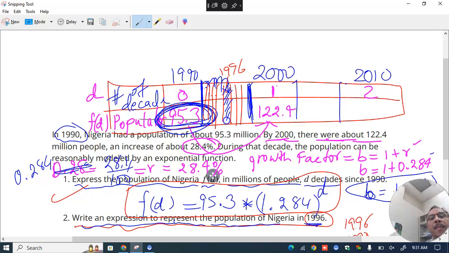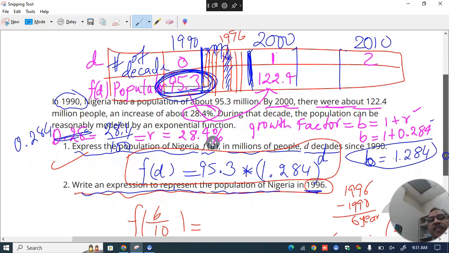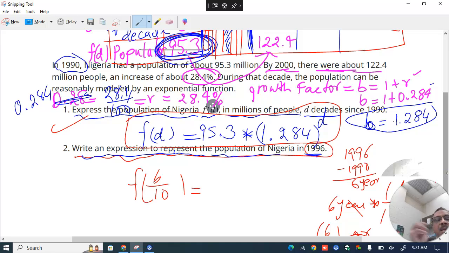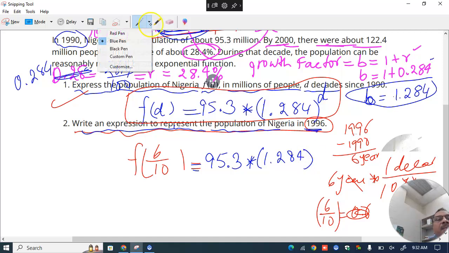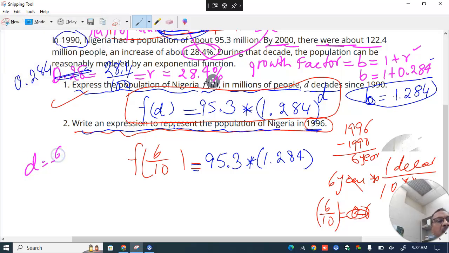The year is 1996, and we need to figure out the population, and you're not supposed to write the answer, just an expression. So you write 95.3, which is what the population was, and then you multiply by 1.284 raised to the power. What should I write there? It is 6 over 10, right?